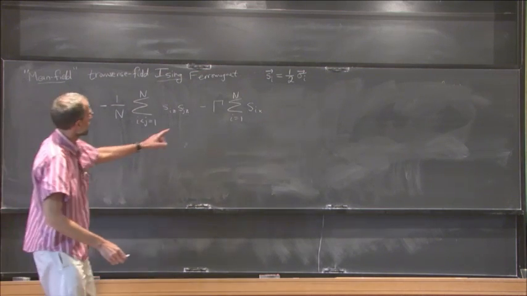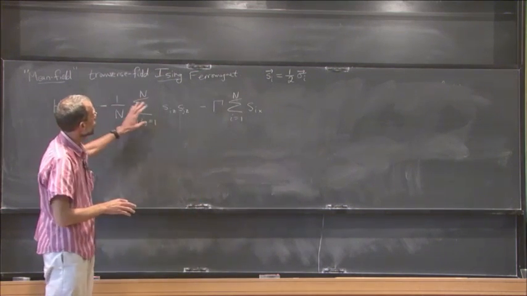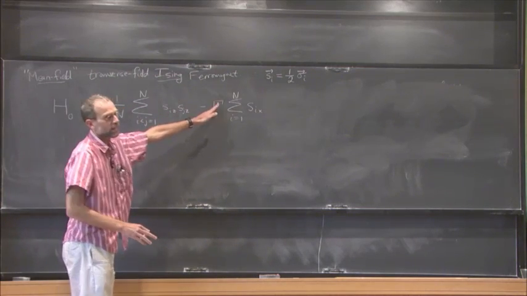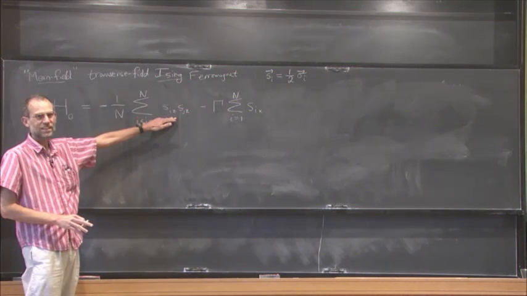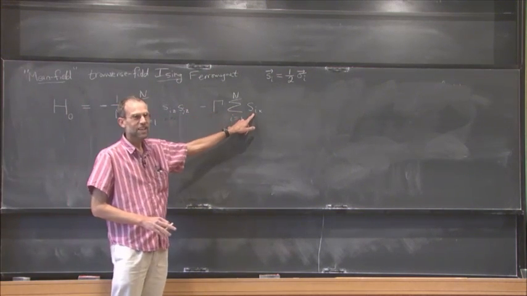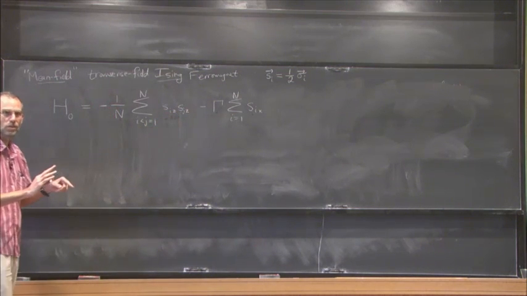This is a parameter generally, but just for today, I want to work in a particular regime. So what does this model do? If gamma is small and I go to low temperatures, the spins align to get the lowest energy. If gamma is big, the spins point along the x-axis and the z components of the spins don't align. That's the ferromagnetic phase.